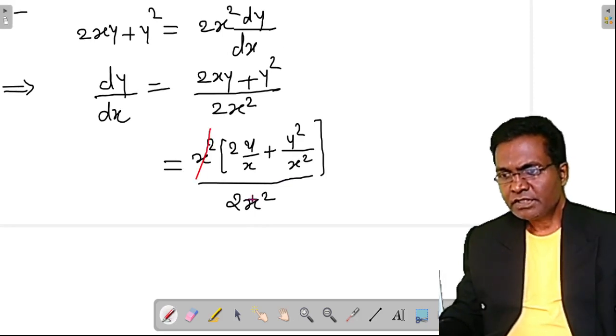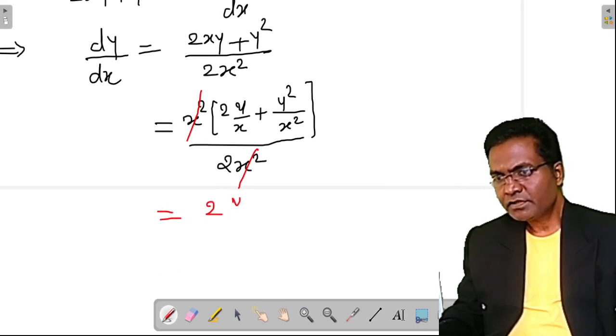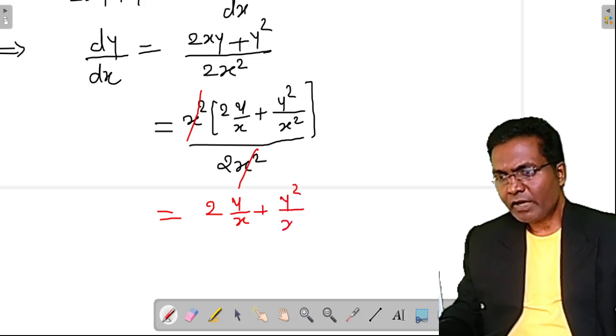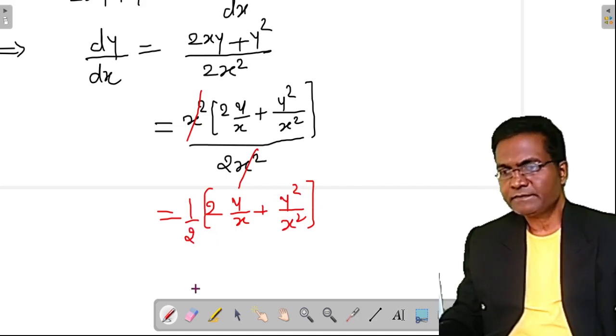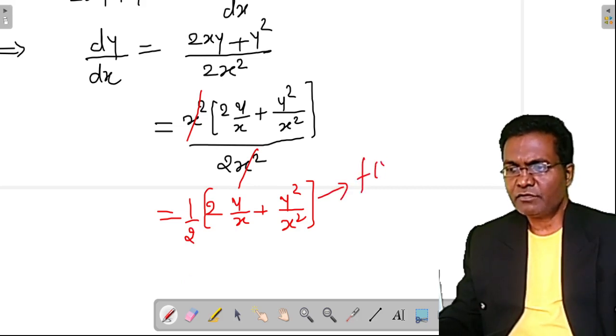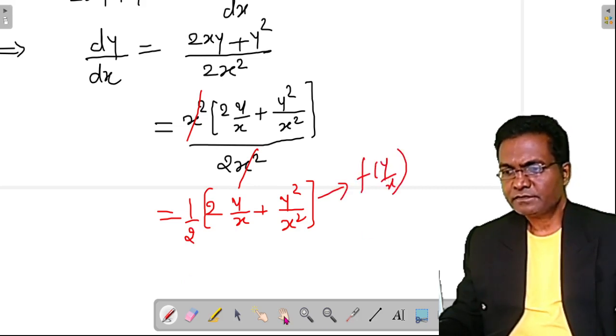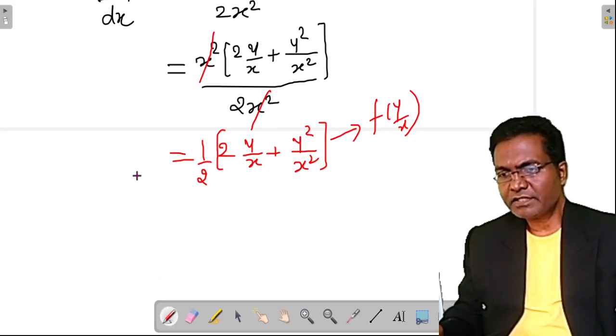So x square cancels, you will be left with 2y by x plus y square by x square, by 2, means I can write 1 by 2 here. Okay, so clearly this is a function of y by x. So that shows that it is homogeneous.